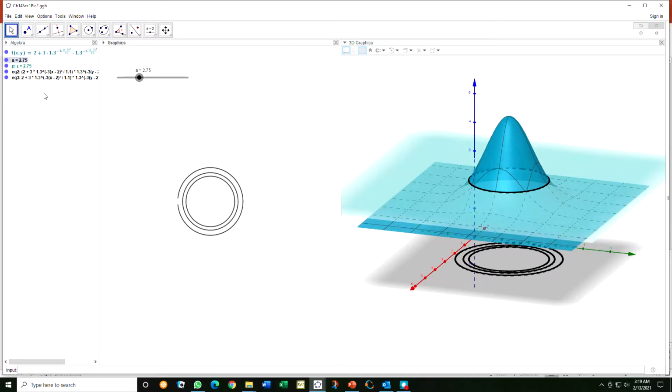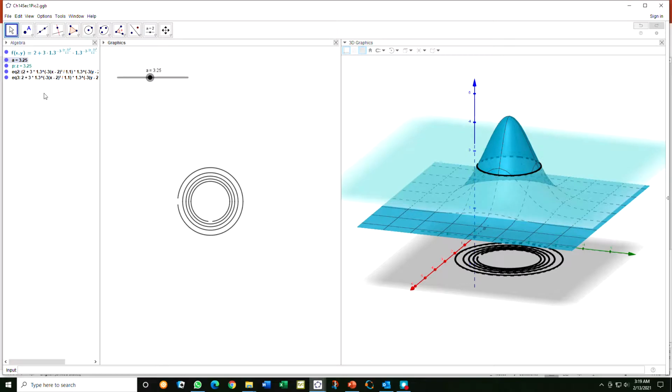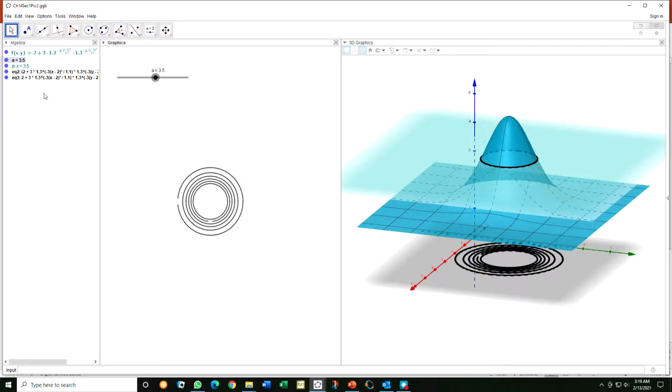As we keep scooting up and up, letting the plane go up and up, and each time taking a section of the surface, those gaps should not exist. It's just somehow something going wrong with the rendering.